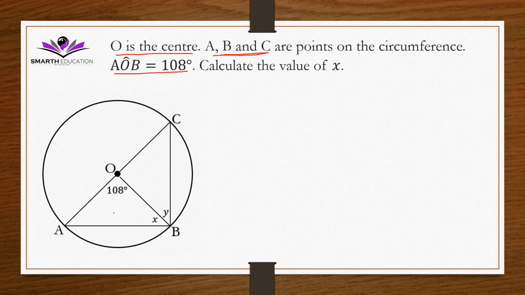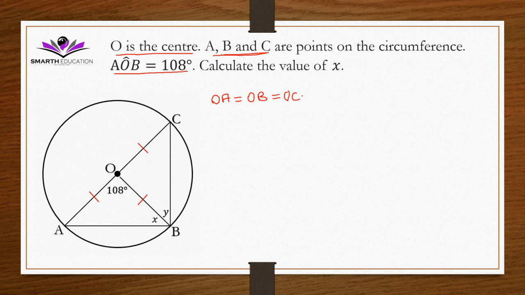Right, now, let's see. Now, we have this side OA. OA is equal to what? Which other side is equal to OA? OA is equal to OB. Do you agree? Why is OA equal to OB? And then both of them are also equal to what? To OC. You see that?